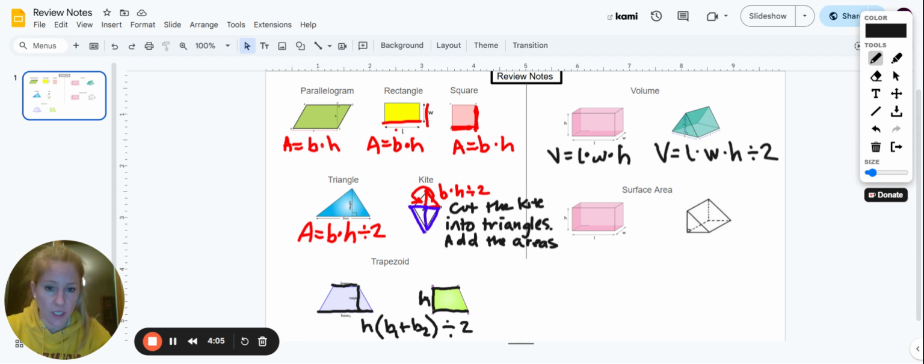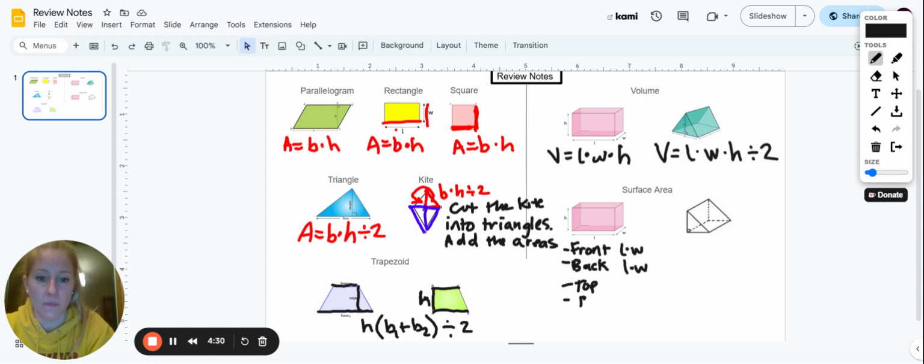Okay, surface area is a little bit trickier. Remember, for the surface area, we did front and back. Those 2 are the same. We find the areas, which is just length times width for all of those. Length times width, or you can think of it as base times height. Then we do the top and the bottom.